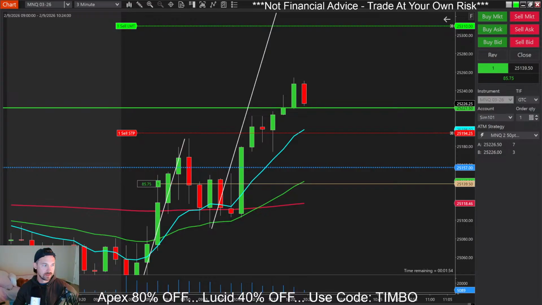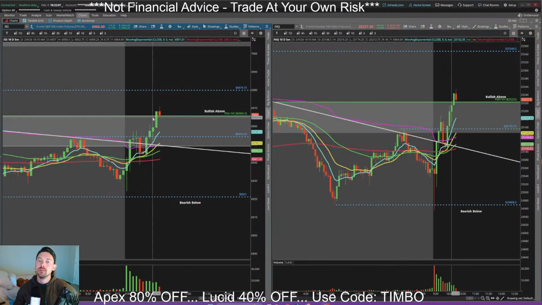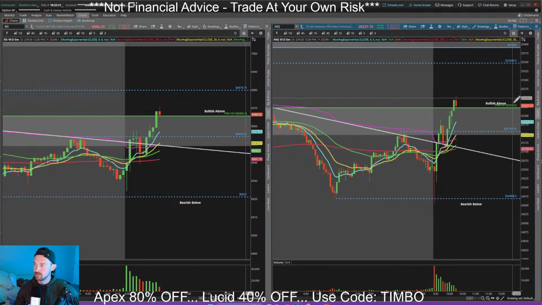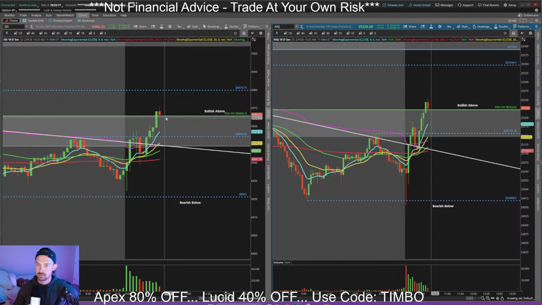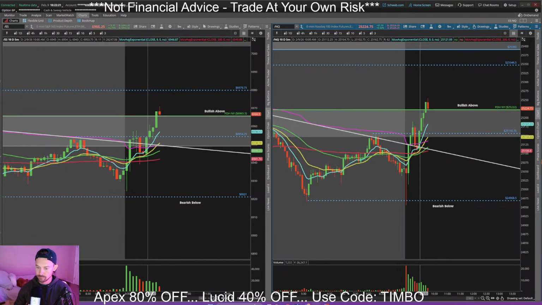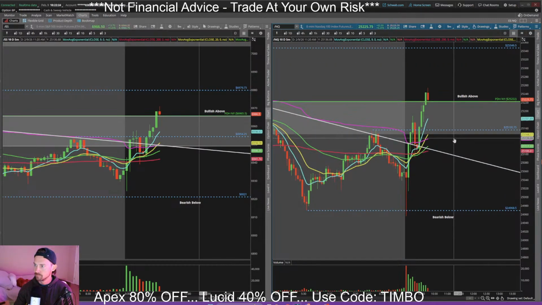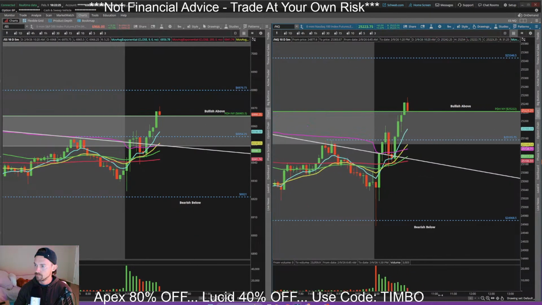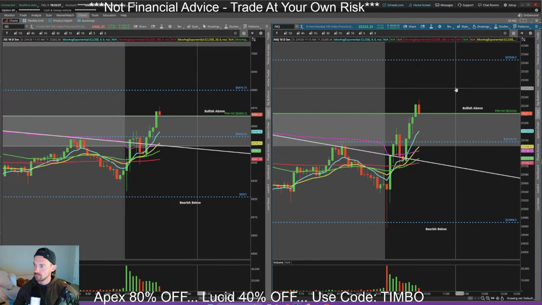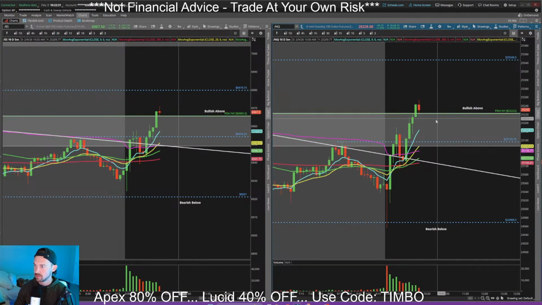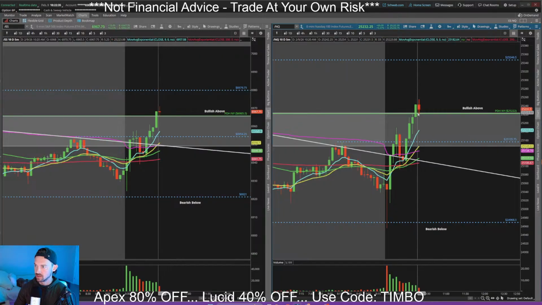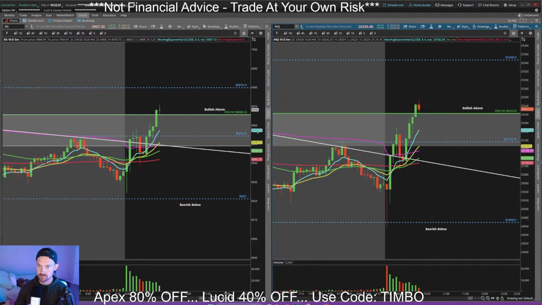Got some pullback here. ES coming right back to previous day high, same as NQ. We'll see if they hold it. Might want to come back down to the EMA here. But I'm hoping it just consolidates and holds above it for my runner's sake.